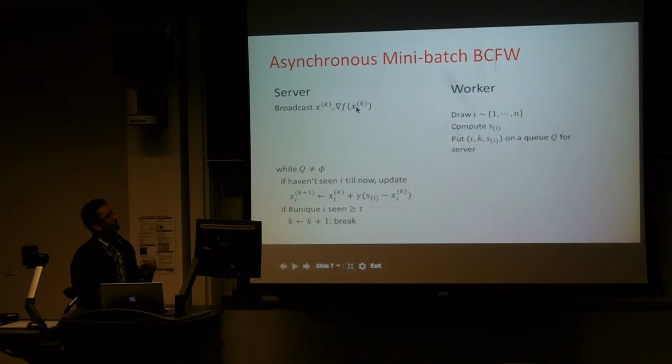It broadcasts it to all the workers, and then the workers keep sampling for the subproblems, do their work, and send it back to the server, putting a triple consisting of the block number, the iterate number, and the subproblem solution into a queue. The server reads the queue and then forms the next solution. We have to note that the workers do not communicate with each other.